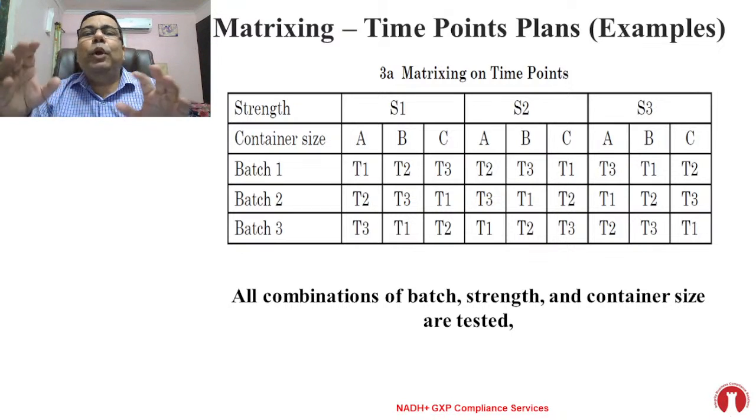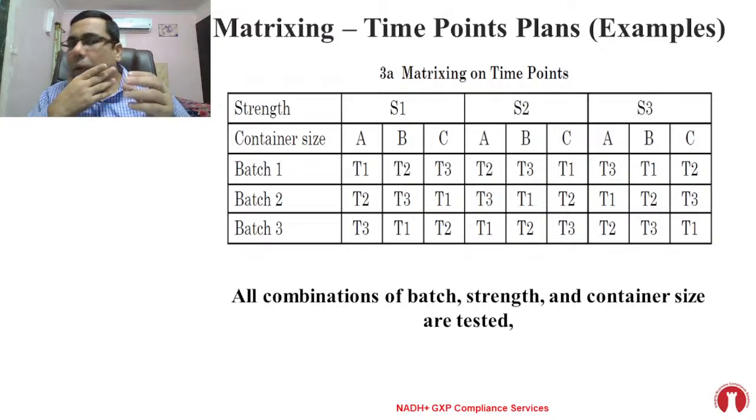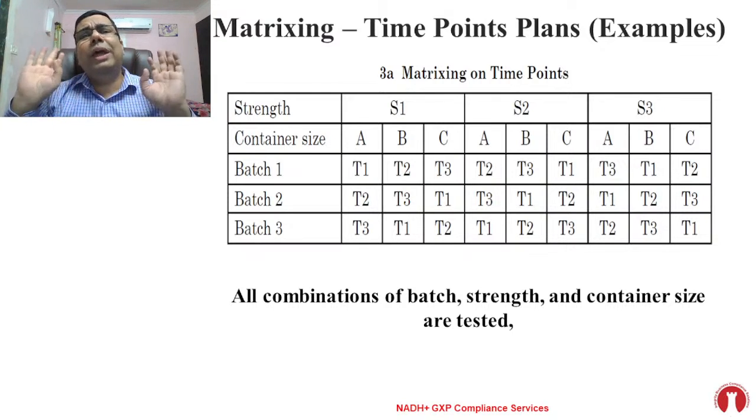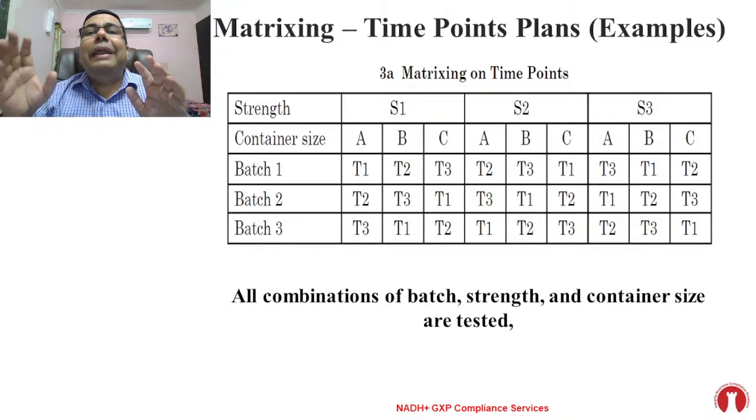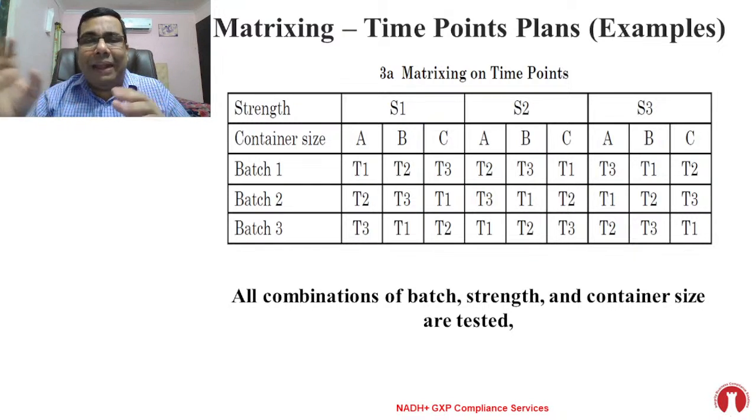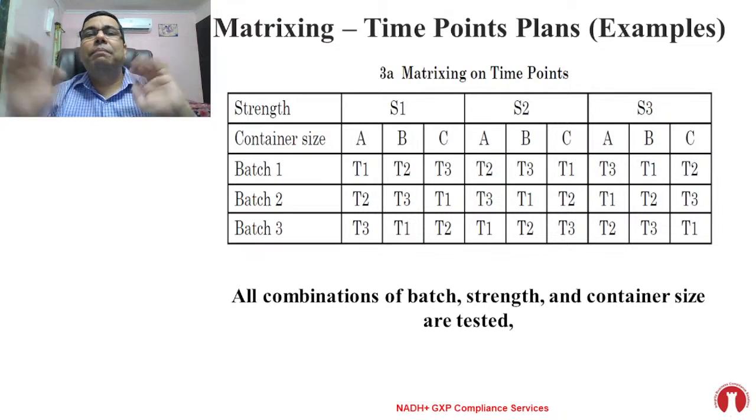So now this is a time point plan. Here two scenarios are considered. There are 3 strengths, S1, S2, S3, and each strength has a different pack style, A, B, C. Let us consider that A, B and C packs are different packs, and each pack has a separate batch number, batch 1, 2 and 3.